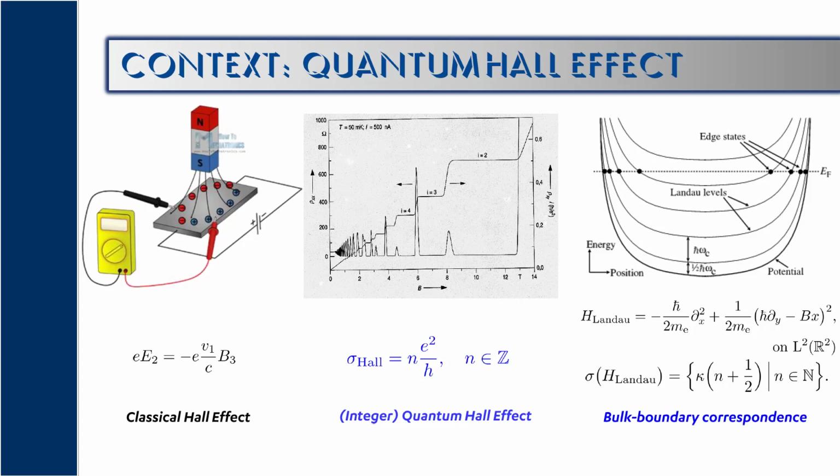So we must imagine that there is some confining potential of some kind that keeps electrons in the sample, so that they don't run away. And at least at a very heuristic level, at the graphical level, we can imagine that the Landau levels, instead of being completely horizontal and infinite, are bent up, so that the electrons are confined.